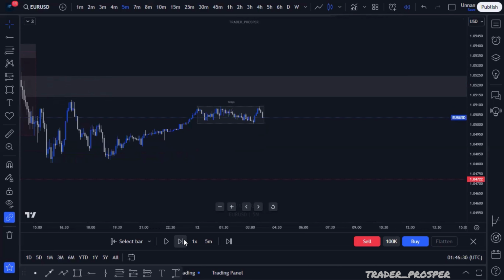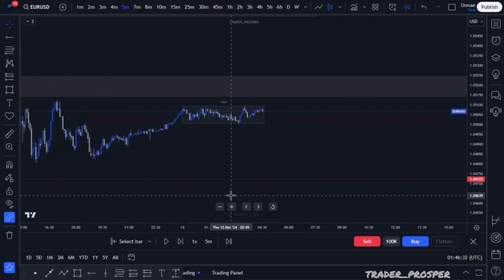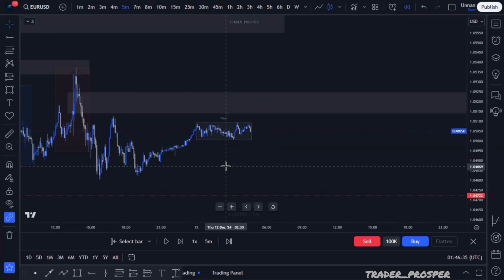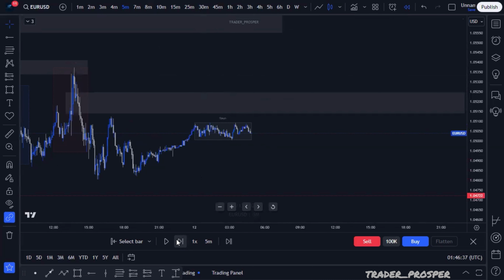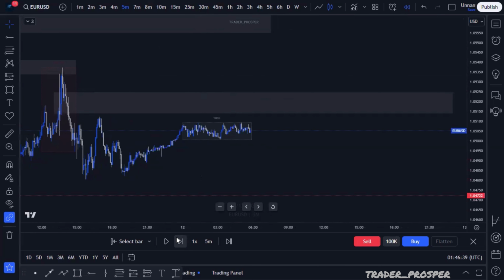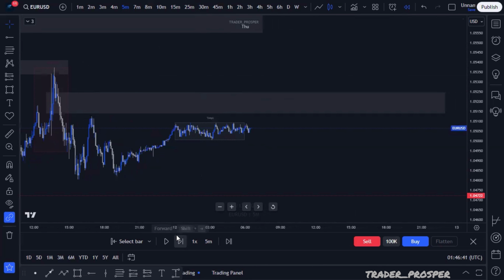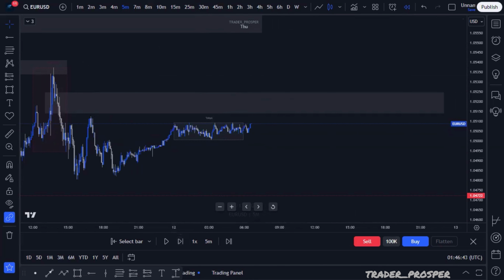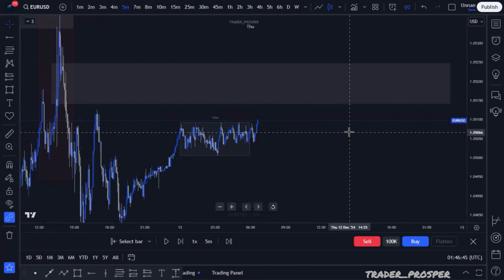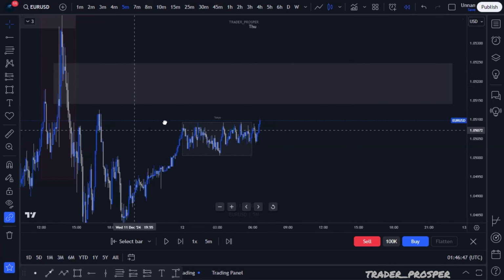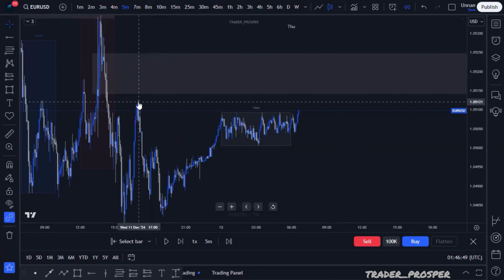This is the Asian range. This was the end of the Asian range. So price did sweep. Now there was this sell side liquidity resting above this Asia range.